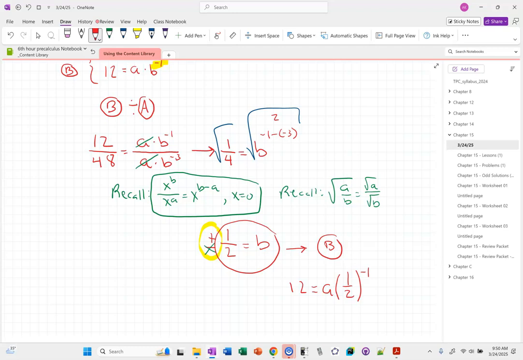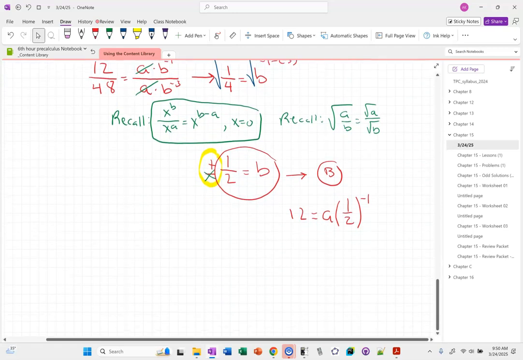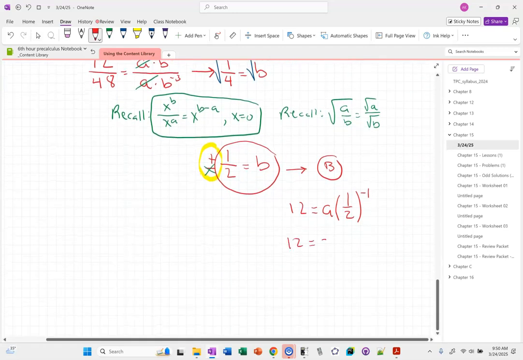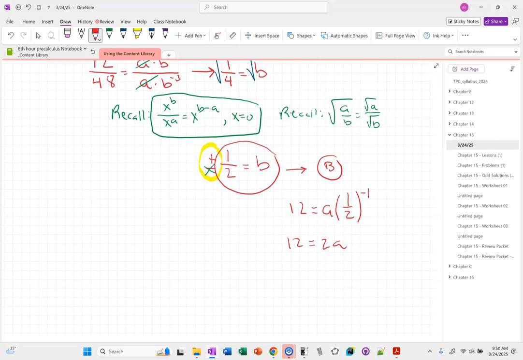Okay. What is 1/2 to the -1 going to give me? Remember, what does an -1 exponent do? Makes a reciprocal. Perfect. Yes, so it just becomes 2 over 1, or just call it 2a. If I divide both sides by 2, I get a is 6.